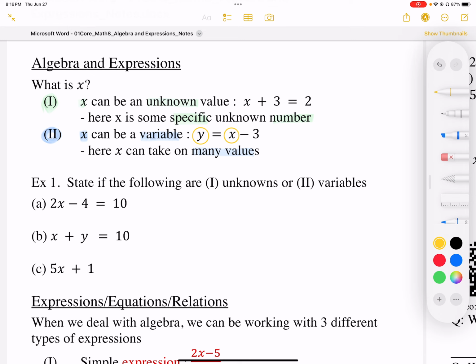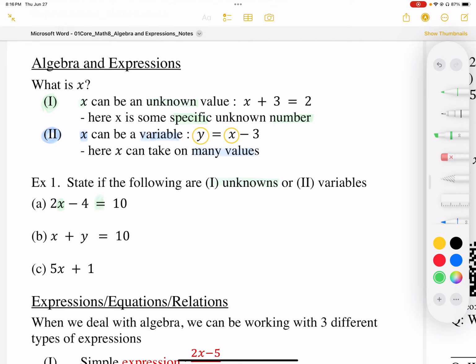So example 1 is asking if the x in the equation is an unknown or a variable. So for A, we can see that we have one variable, x, and we have an equal sign.